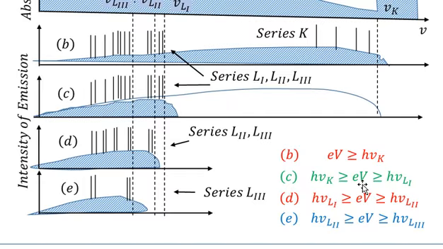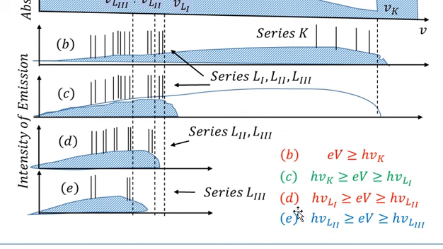So you see that if our electron energy is less than the energy required to ionize a K electron, but greater than that needed to ionize an L1 electron, then you will observe the series L1, L2, and L3. The higher series can also be observed. But here I am concentrating only on L1, L2, and L3. You may consider the other transitions to be coming from the M1 series.